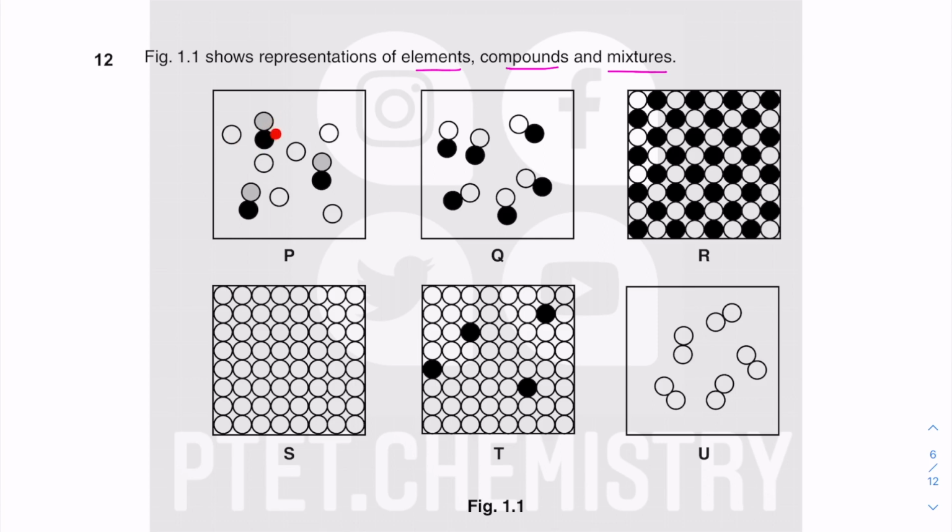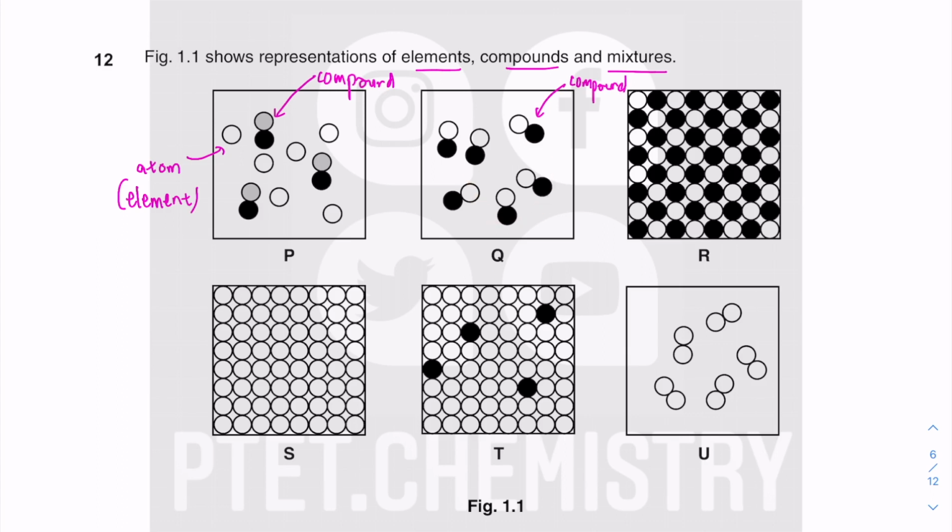This is a compound because two different elements chemically bonded together. So that is a compound, and that is an atom. That is also an element. Okay, so you have an element and a compound. Here you have everything is the same type of compound. So that is definitely a compound, and all of them are the same type of compound.